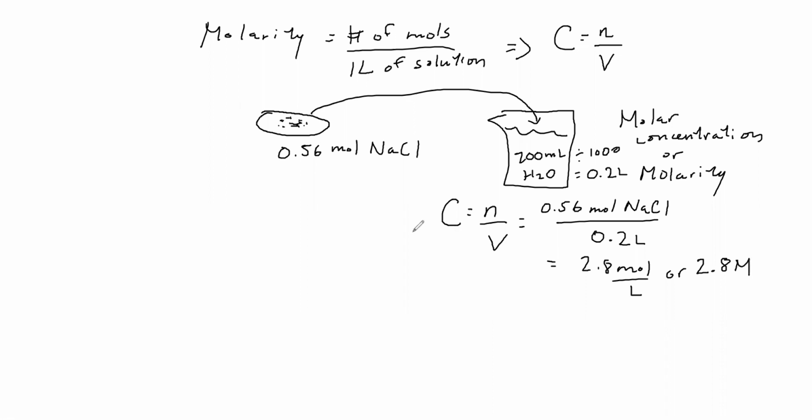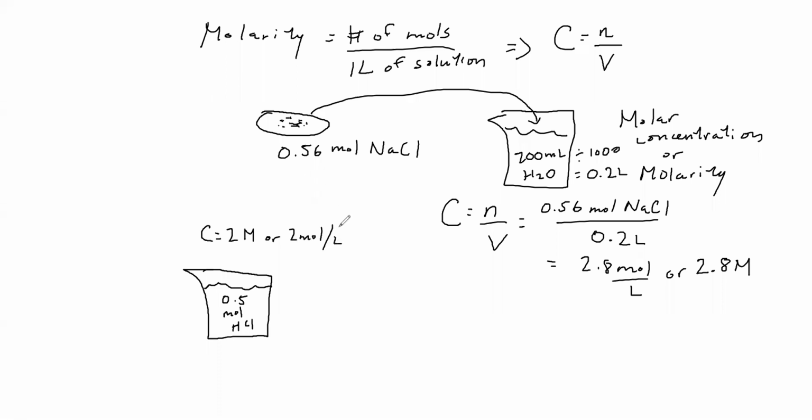All right, let's give ourselves another problem. So I'm going to tell you guys that my little beaker here has, let's say, in it 0.5 moles of acid, and this has a concentration of 2 molar, or 2 moles per liter.